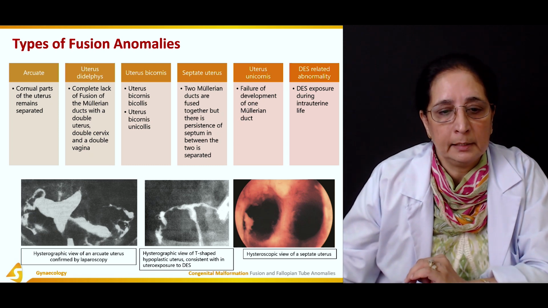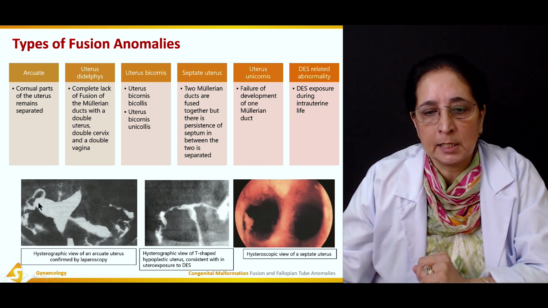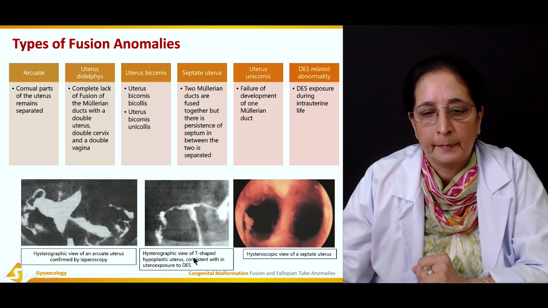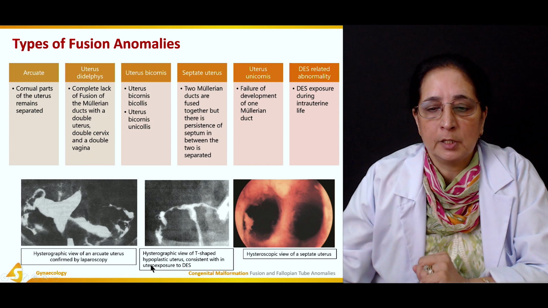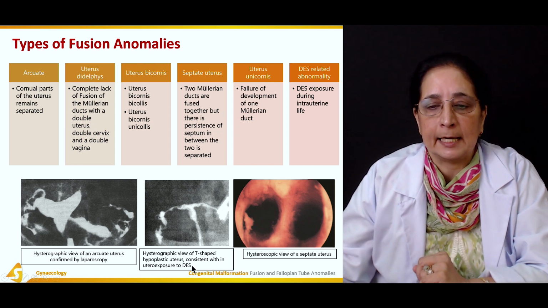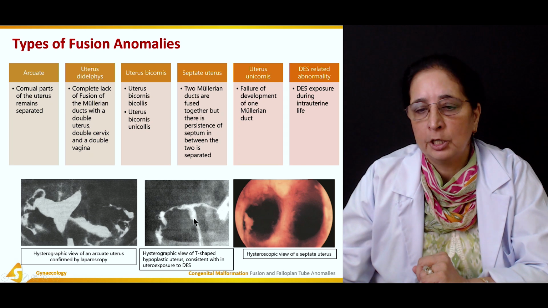So this is the hysterographic view of the arcuate uterus. This is hysterographic view of T-shaped, hypoplastic uterus consistent with the exposure to DES. So here, a very small T-shaped uterus is present. This is T-shaped uterus.